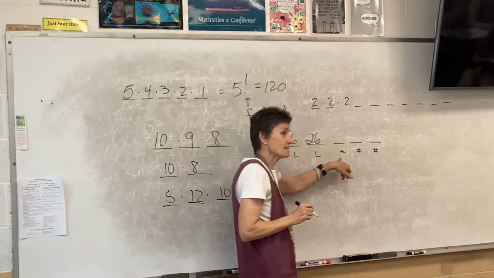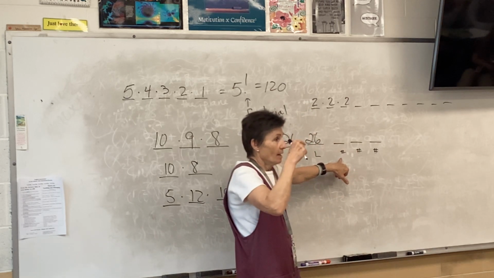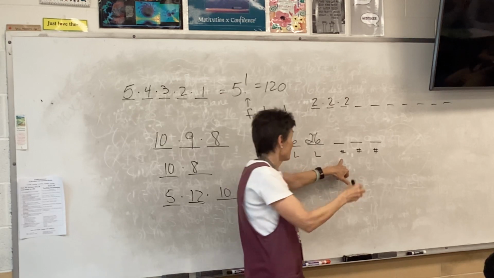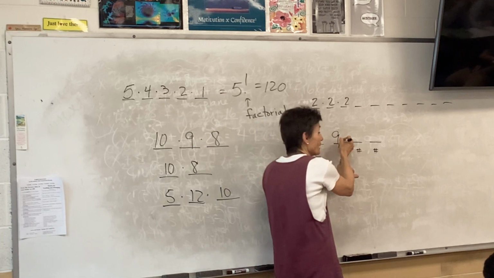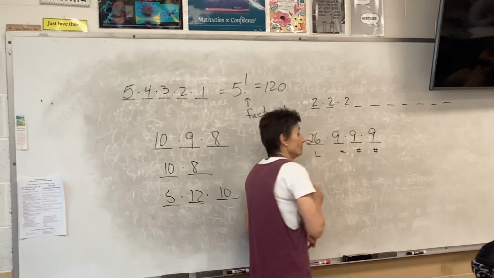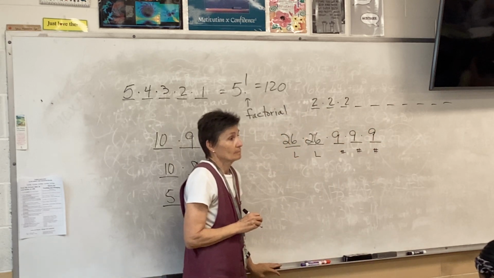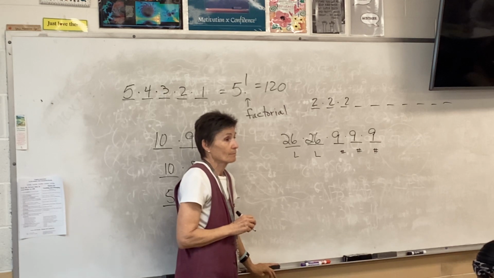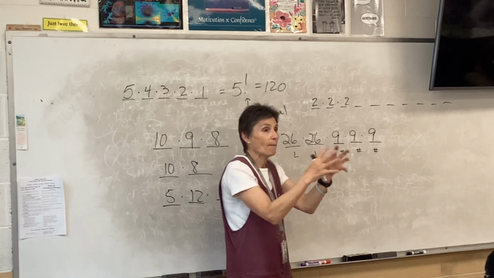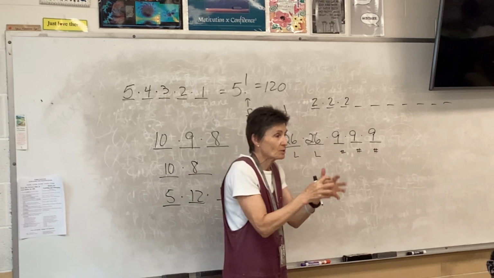Now, what happens next? A non-zero digit, which means 9 options, and 9 options, and 9 options. Are you starting to get the idea that when I set these blanks up here, it's options for that blank? How many options there are for that blank?